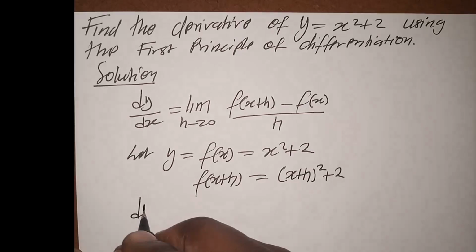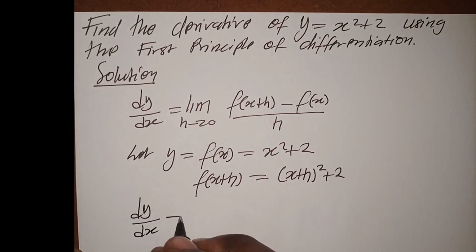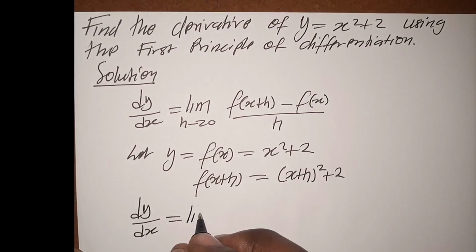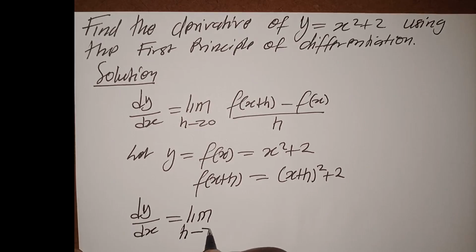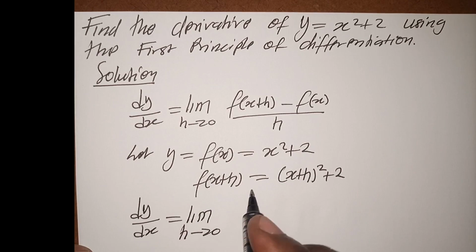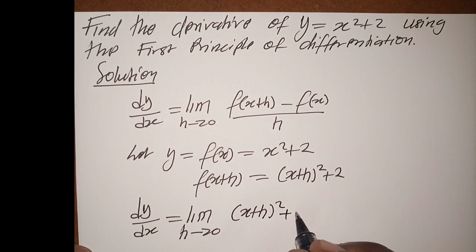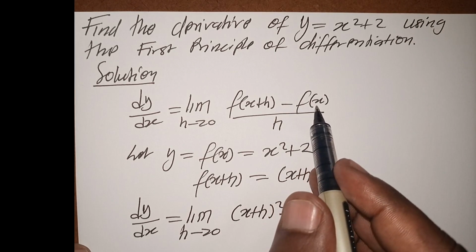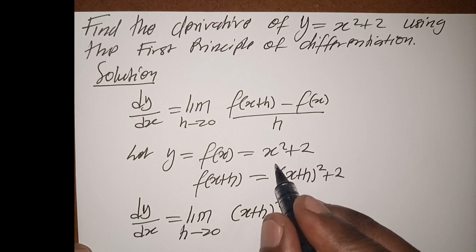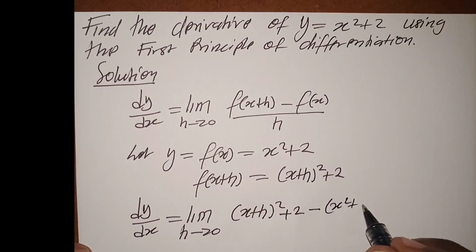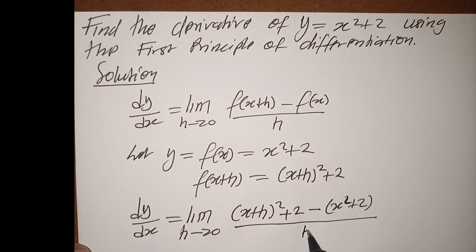The dy over dx will be equal to the limit as h goes to 0 of (x plus h) squared plus 2 minus f of x, which is x squared plus 2, that is over h.